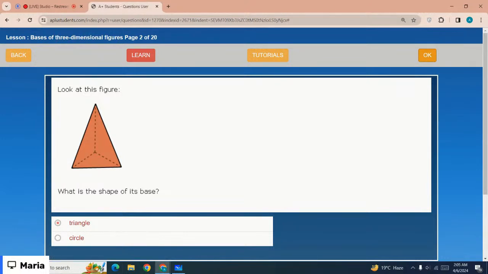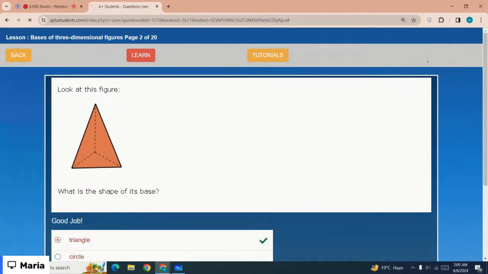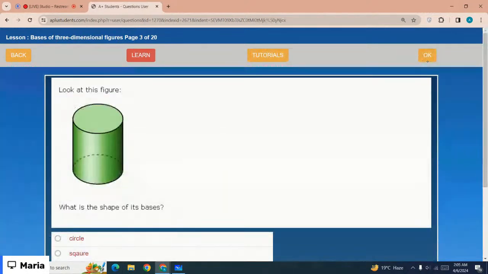Okay, the next one is, yes, that is a circle, right? The correct option is circle.